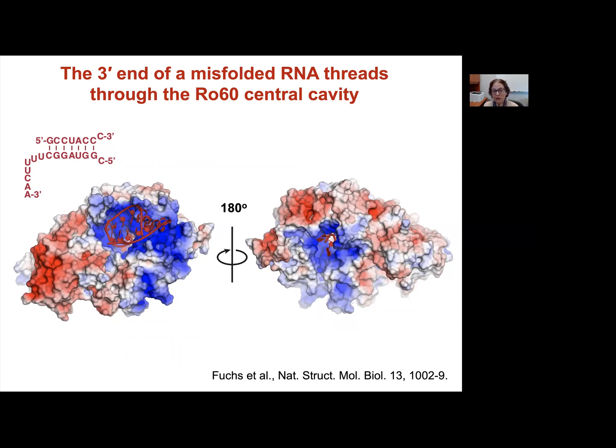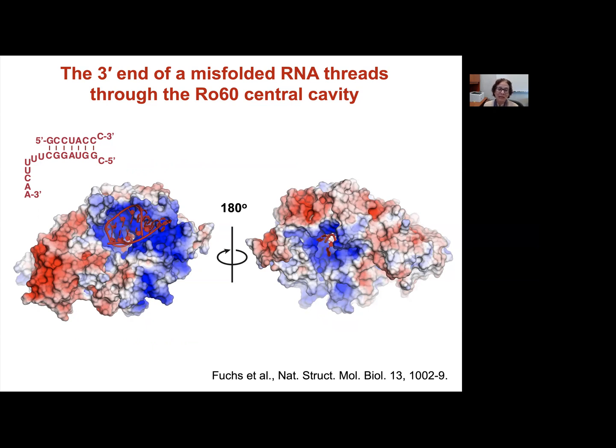The 3' single-stranded end of the misfolded RNA binds in the central cavity and comes out the other end, while the adjacent helix binds to a large basic platform on the surface. Almost all interactions with the helix are to the RNA backbone, which explains the lack of sequence specificity.